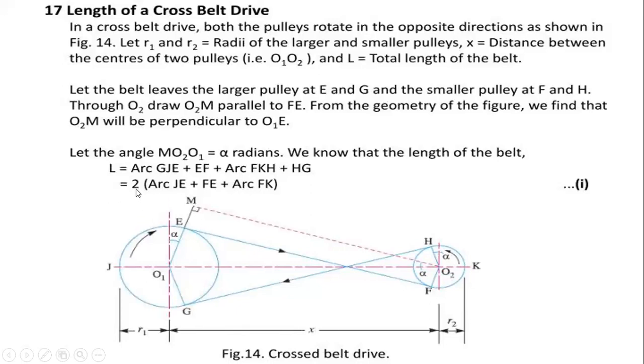Then we are going to take the length as 2 into arc of JE plus arc of FH, that is 2 into arc of JE plus FE plus arc of FK. So this is the length of arc of FK.